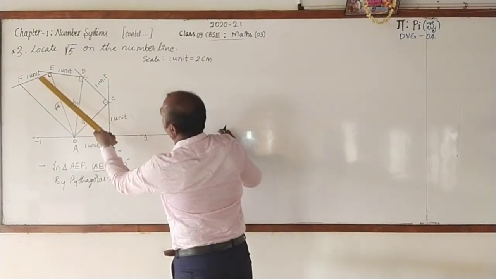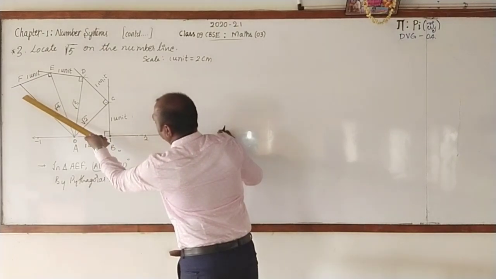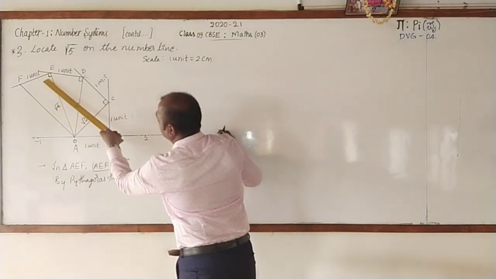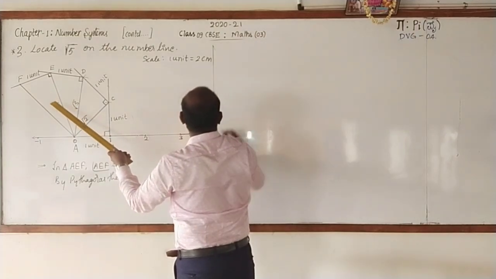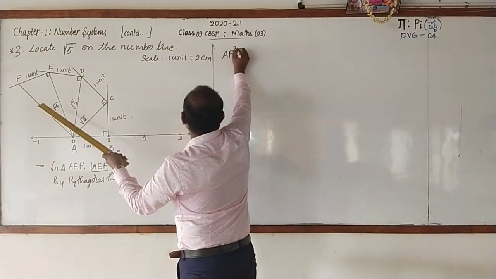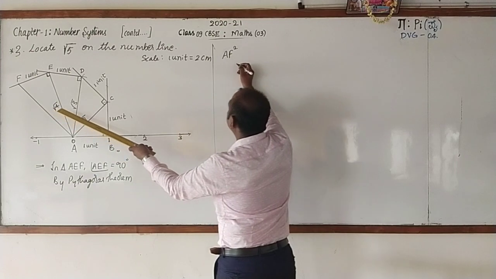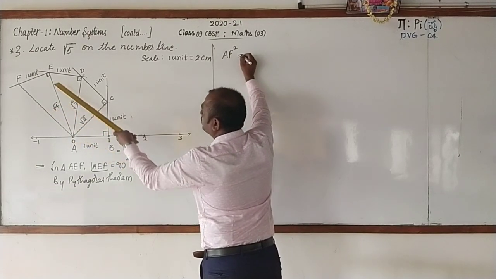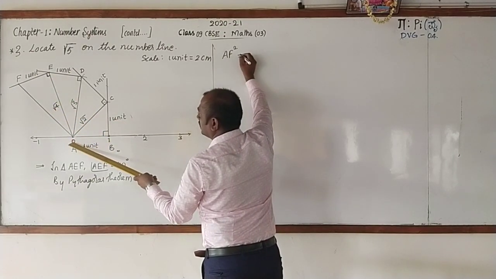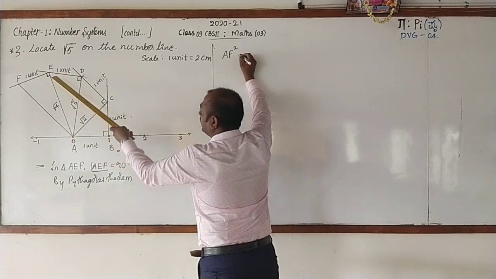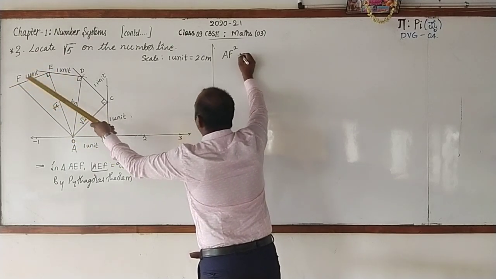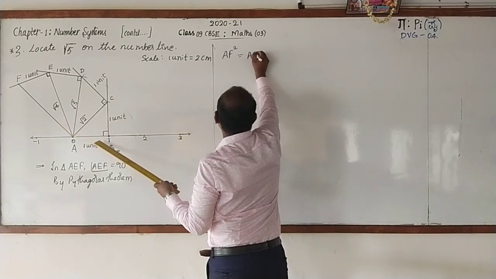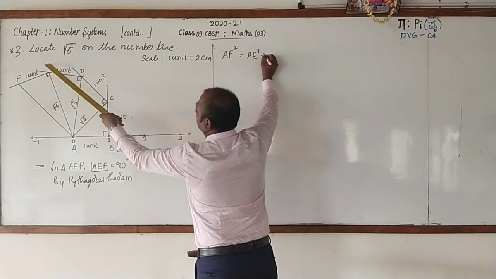See that this is perpendicular, this is base, and hypotenuse. The side opposite to the right angle is the hypotenuse. AF square is equal to the sum of squares of the other two sides. The other two sides are AE and EF. Alright, AE square plus EF square.